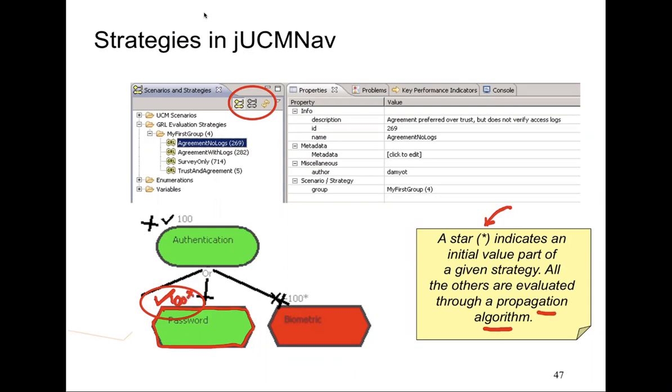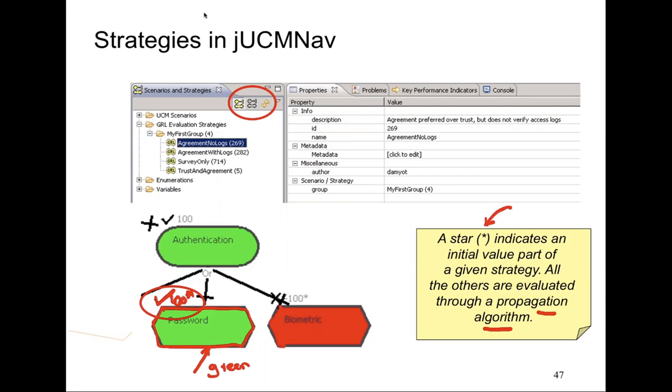The simple star beside it means it is initially assigned. You can see it is colored in dark green, which means it is fully satisfied. So we can easily perform a password task to guarantee that the authentication goal is achieved.